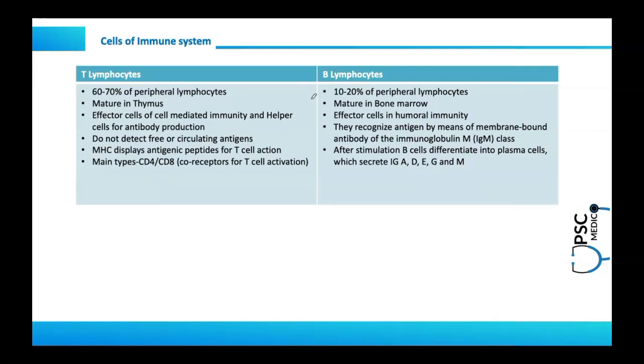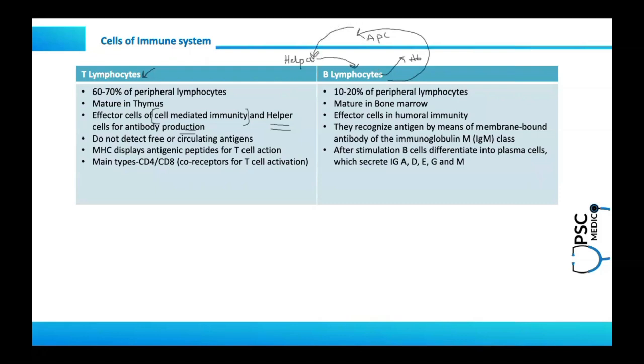And what kind of effect or response is seen whenever these cells are activated? When T lymphocytes are activated, we'll see cell mediated immunity, and also there will be helper cell production. Helper is the name given because it helps B lymphocytes to produce antibodies. As I already told you, the B lymphocyte acts like an antigen presenting cell.